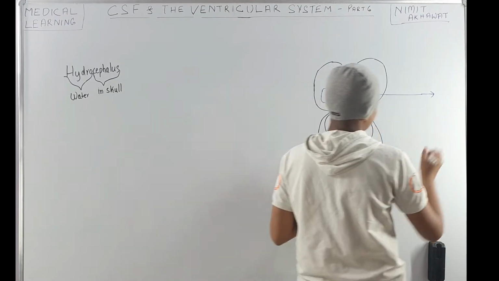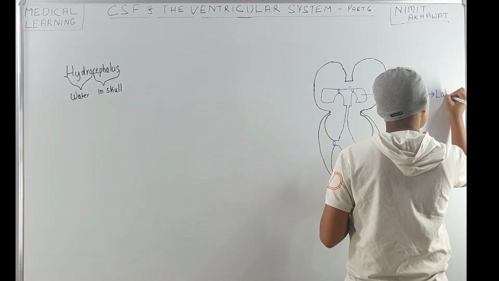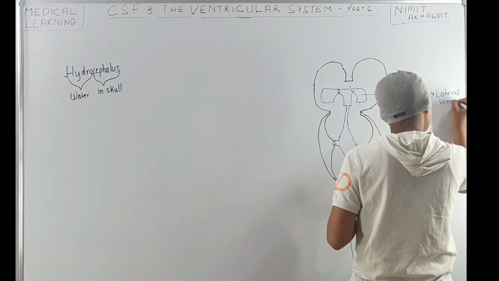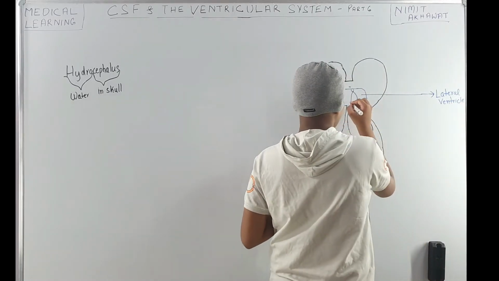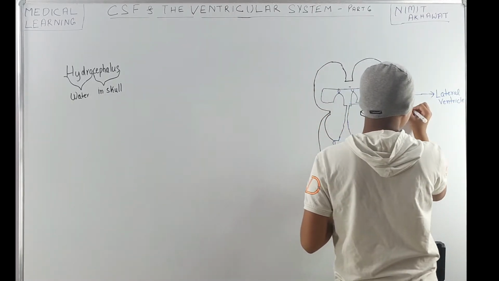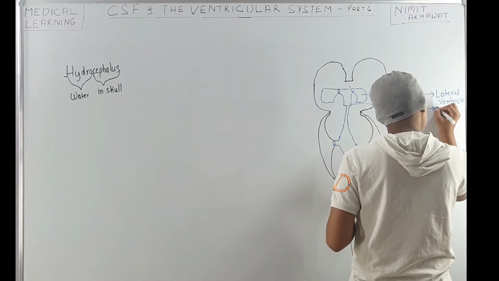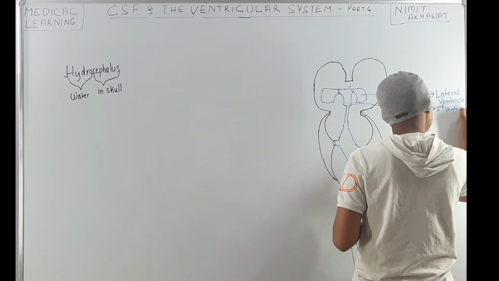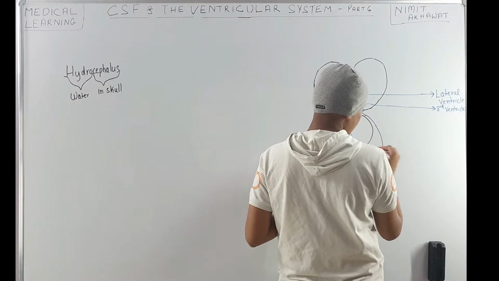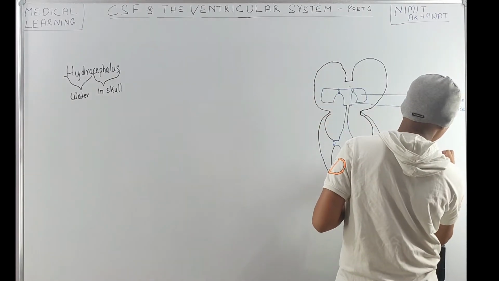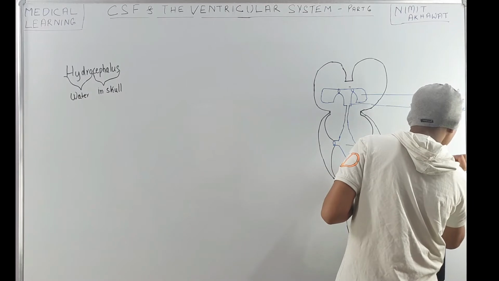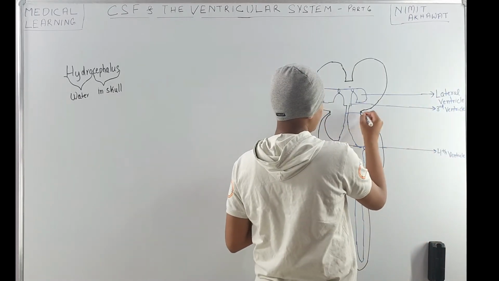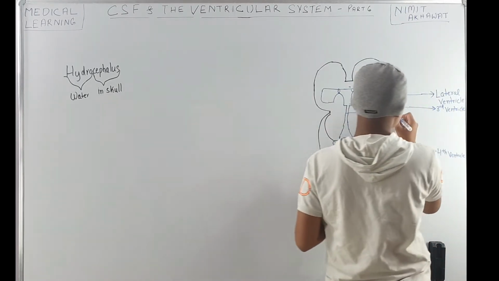So this structure is the lateral ventricle. And this structure is the third ventricle. And here is the fourth ventricle. The cerebral aqueduct connects the third ventricle with the fourth ventricle.